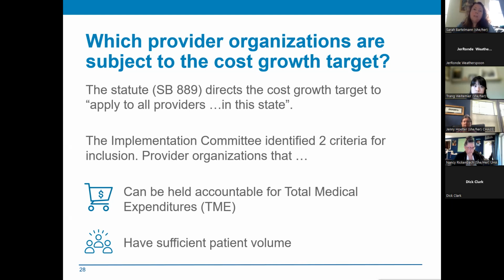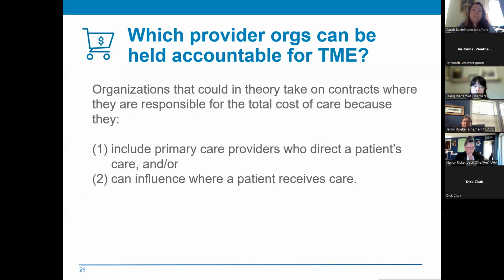Next. So let's talk about what TME means first. Provider organizations that could be held accountable for total medical expenditures are those that could, in theory, take on contracts where they're responsible for the total cost of care because they either include primary care providers who direct a patient's care and or they could influence where a patient receives care.